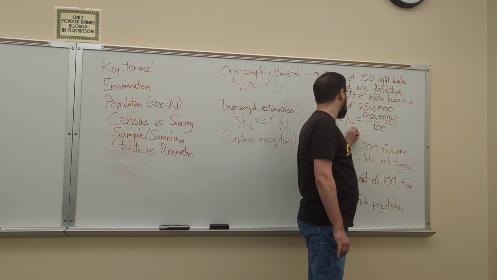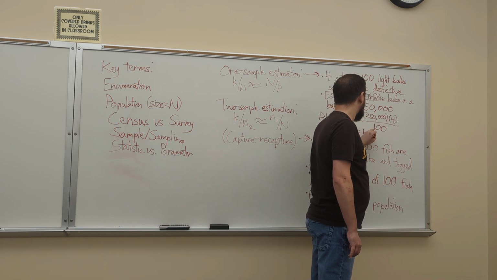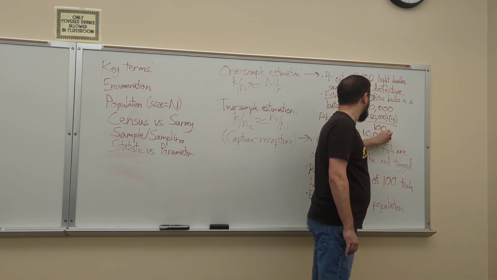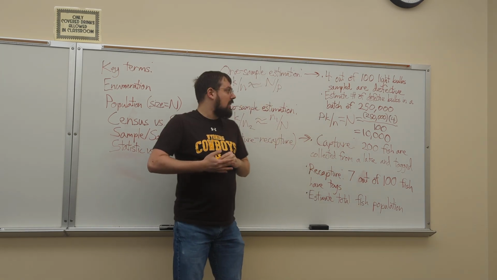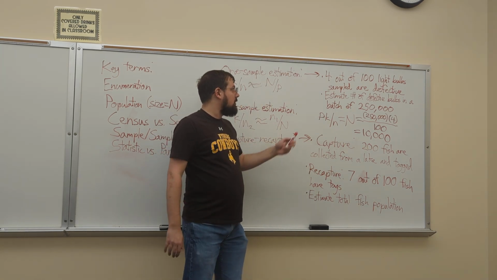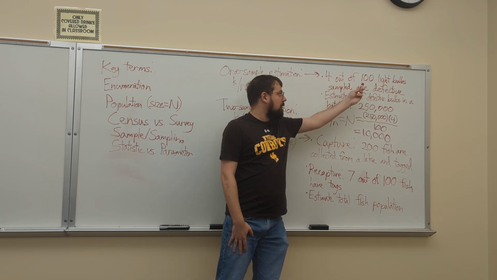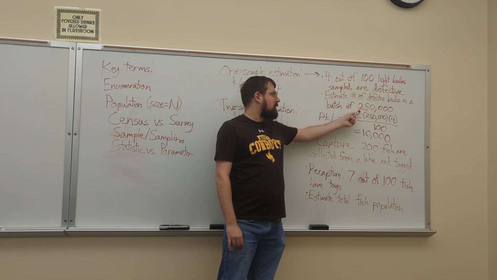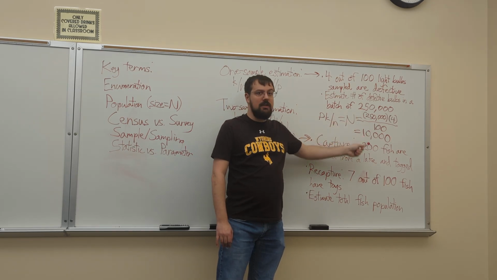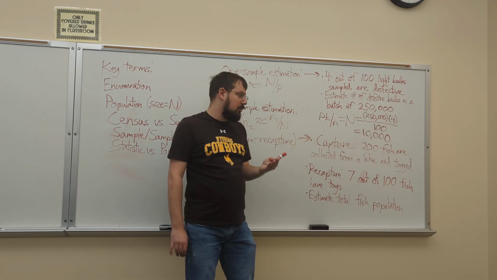And what we find is that this works out to 10,000. So we are basically saying that based on the 4 out of 100 defective light bulbs in this sample, we are estimating that out of our full batch of 250,000, we have 10,000 defective bulbs.